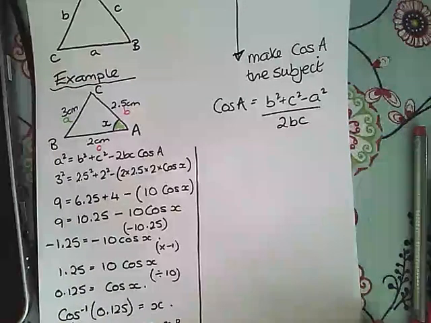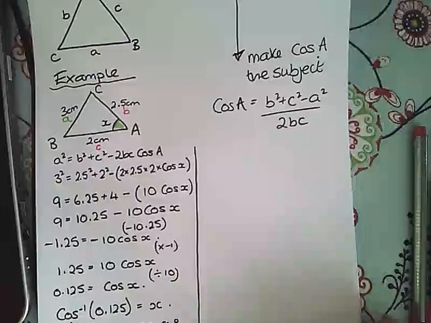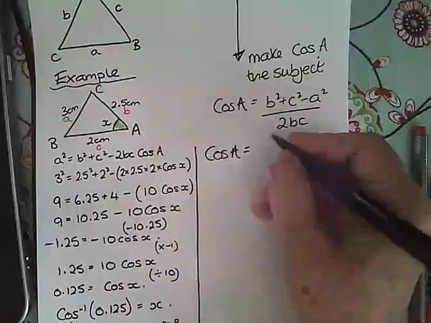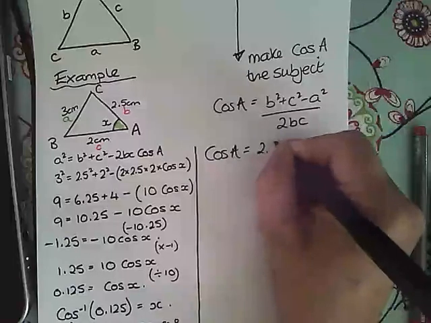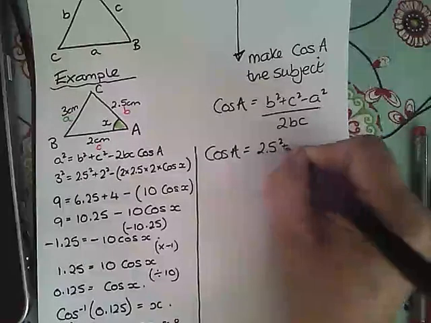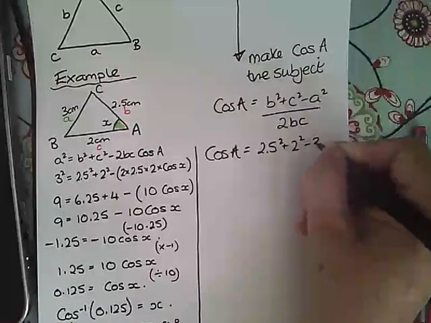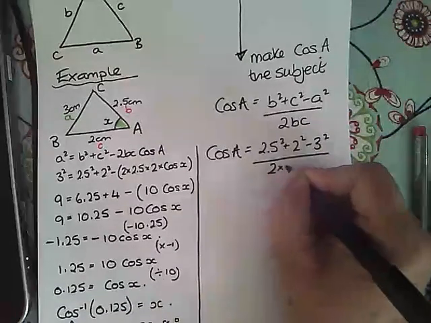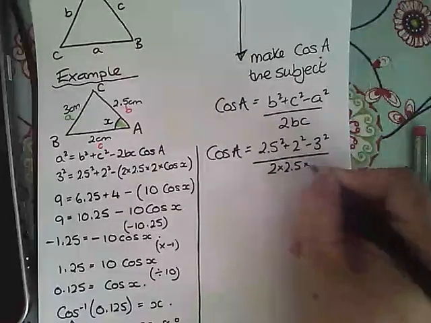And then again you can do a straight substitution, so we would have cos A is equal to 2.5 squared plus 2 squared minus 3 squared all over 2 times 2.5 times 2.